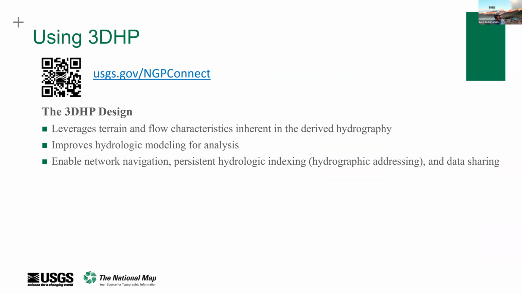3D HP design, again, go a little quicker here. It's based again on the elevation, so it's going to be really tight to the surface here, and the flow characteristic which match what you're seeing on the ground. It's going to improve hydrologic modeling a lot, enable network navigation, again, persistent hydrologic indexing or addressing.